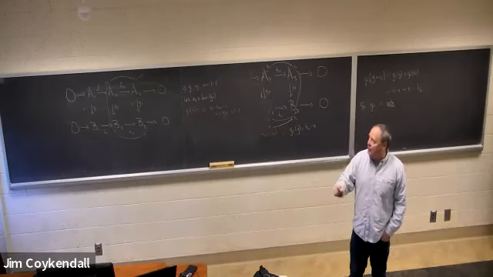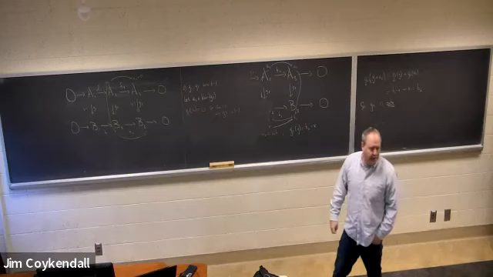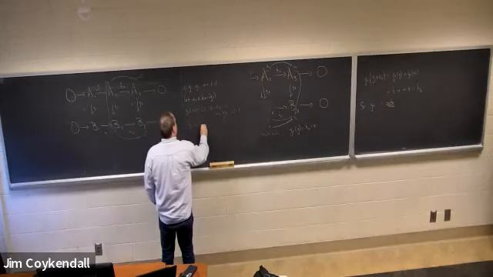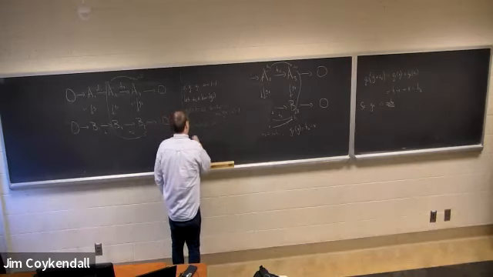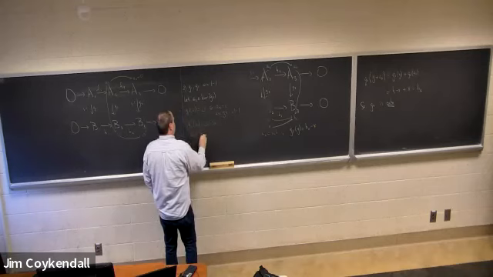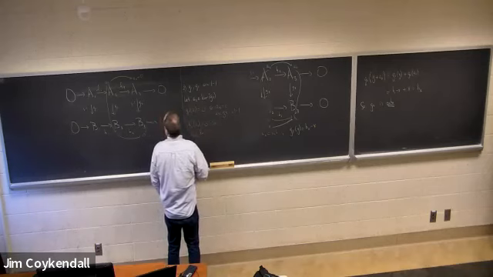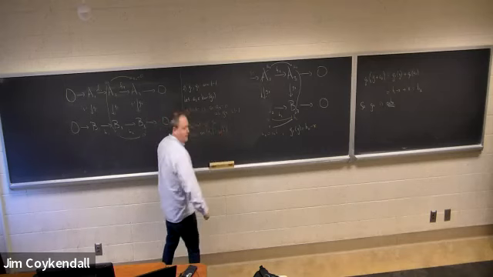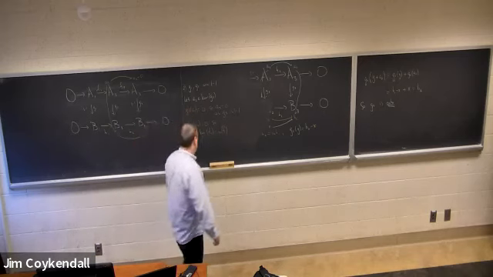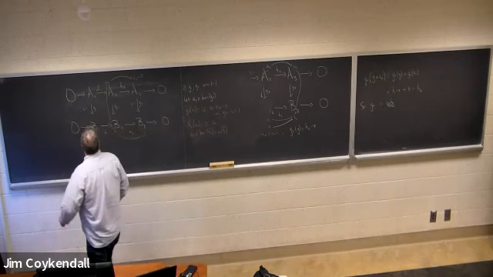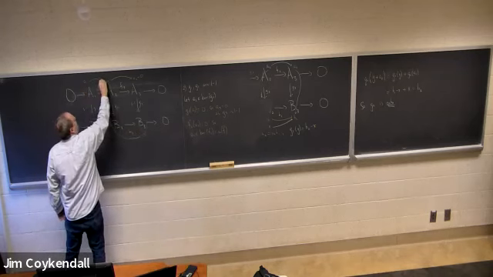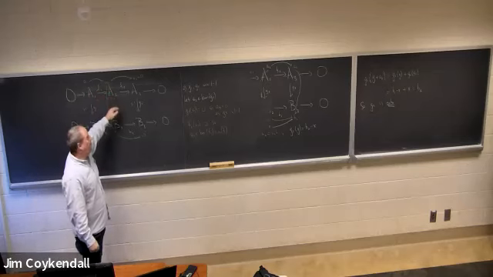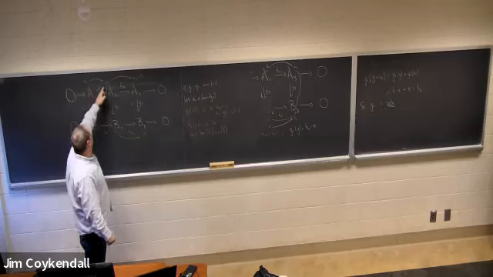Because that means that F2 of A2 is 0. So A2 is in the kernel of F2, which is the image of F1. Right? So what does that mean? That means there's an A1 that goes here. All right. So that's kind of cool. At this point, what I've learned is anything in the kernel here, there's something that goes to it here.